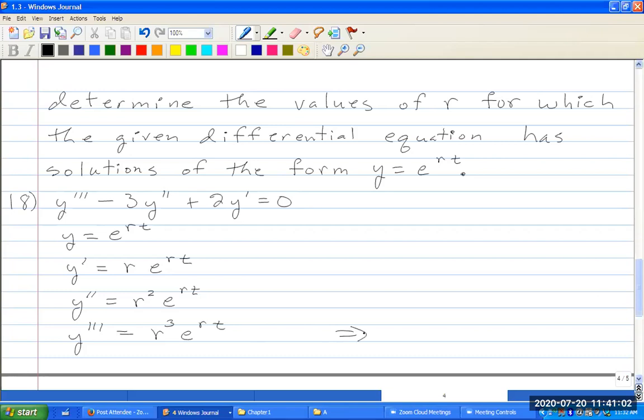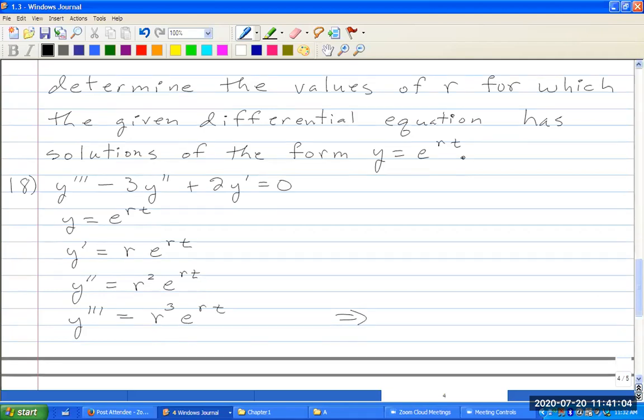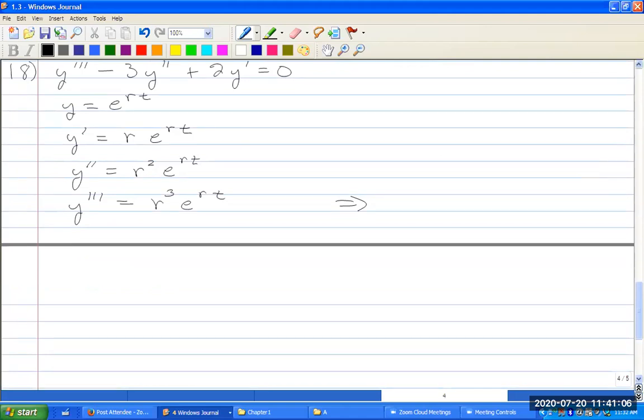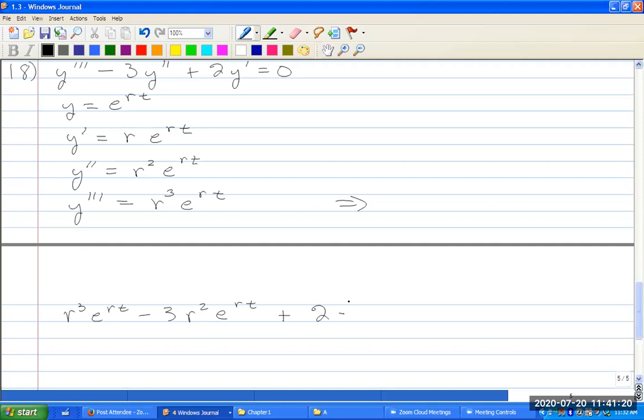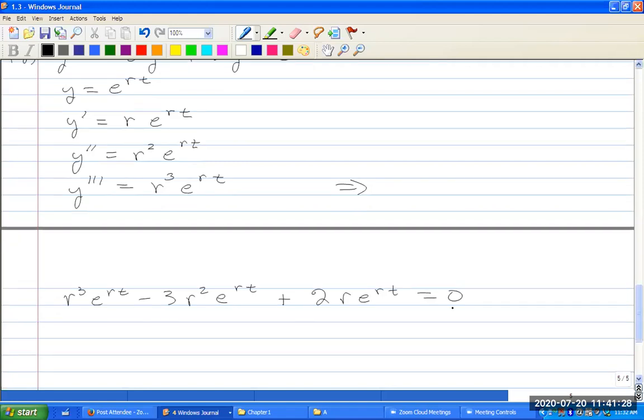Let's plug back in. This equation becomes r cubed e^(rt) minus 3r squared e^(rt) plus 2r e^(rt), and that's going to equal 0.